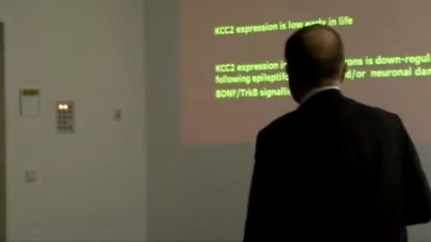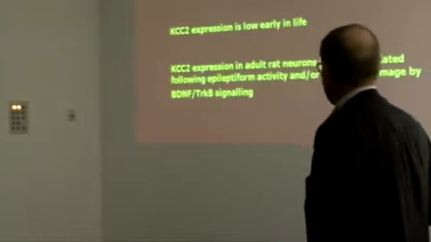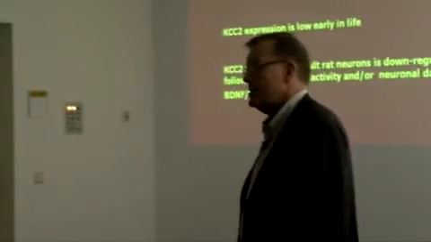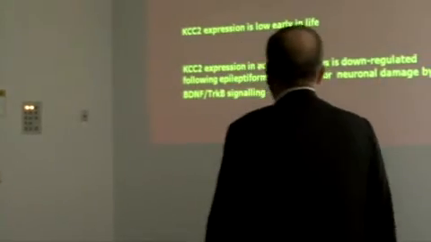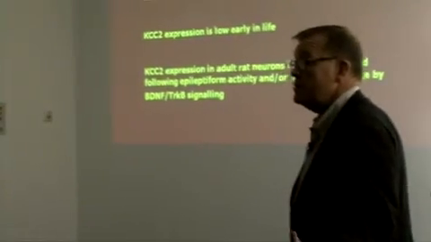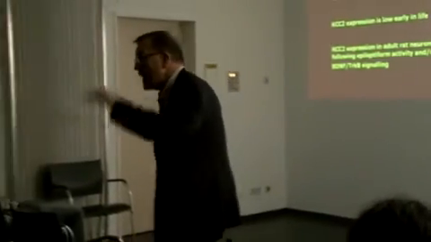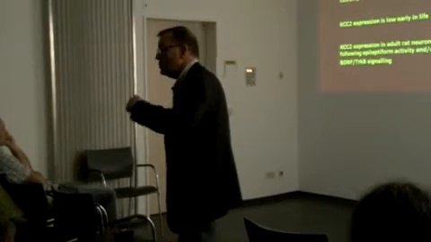And we also know that KCC2 expression in adult rat neurons is downregulated following epileptiform activity, as Kai Kaila has shown, or neuronal damage, presumably because BDNF, TrkB signaling downregulates KCC2.